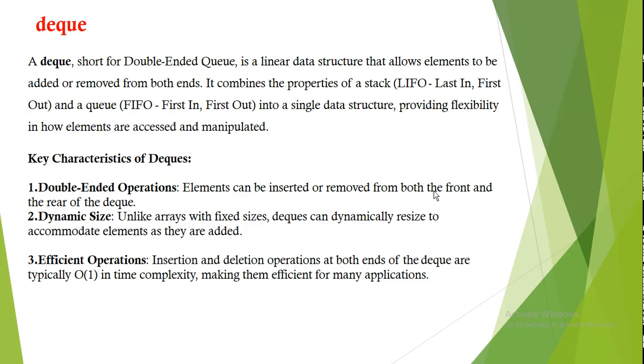So here, this DQ can act as both last in, first out, and first in, first out. So what does it mean? Imagine this is an array, how we store data.